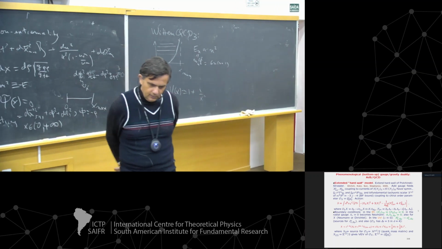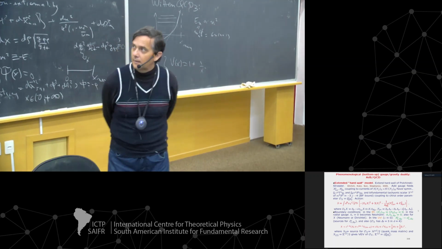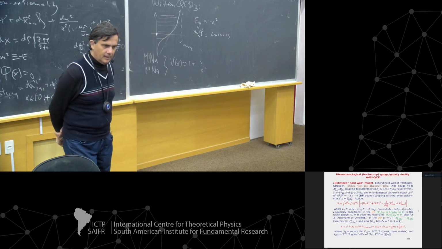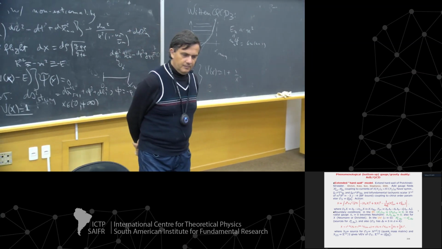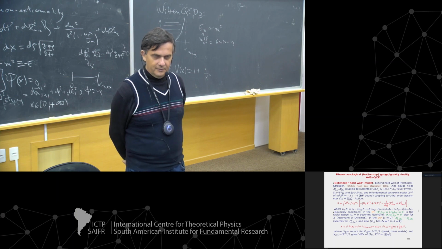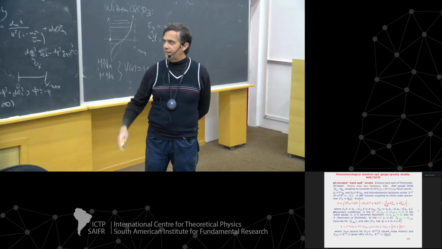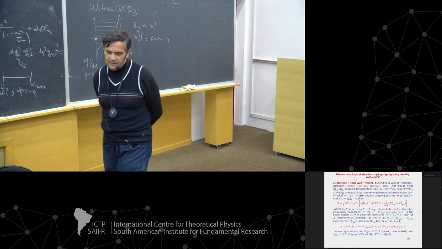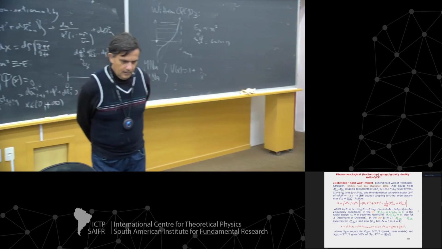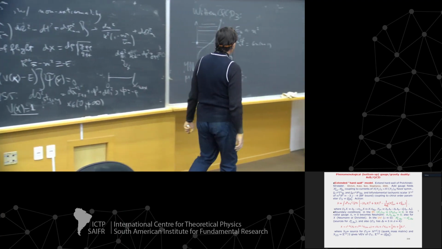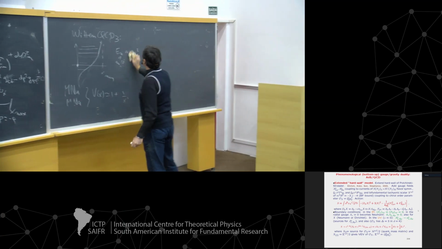Okay, so I'm left with just a few minutes, but that's fine, in which I will describe the bottom-up or phenomenological gauge-gravity duality models, which are generically known as AdS-QCD. All right. Let me write here.